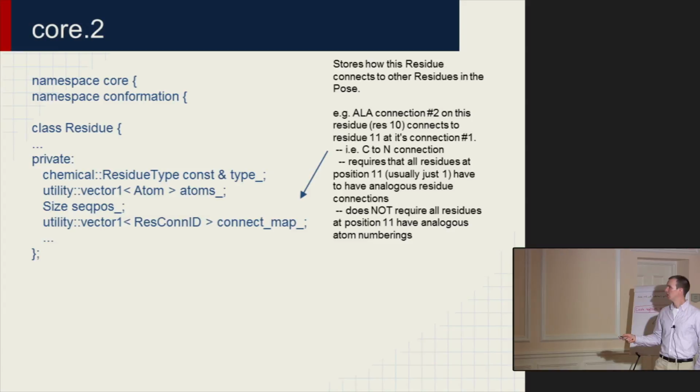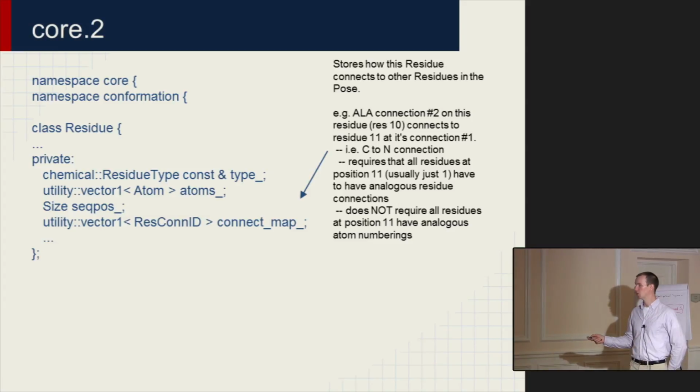Okay, let's see. The next piece of data I want to point out is that each residue is associated with some sequence position, so it has an idea of what position it is in some context. Class residue does not need to exist in a context.